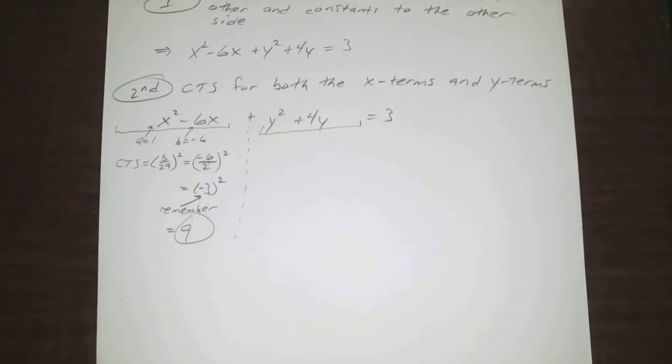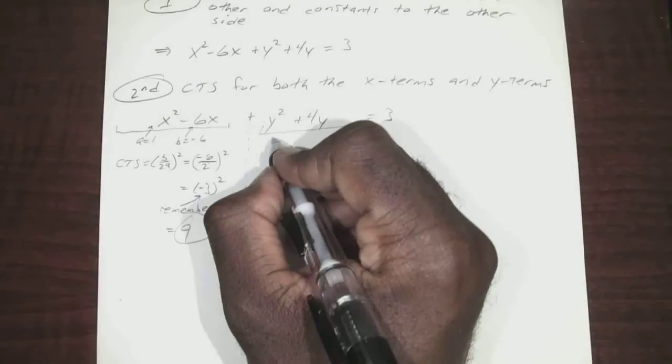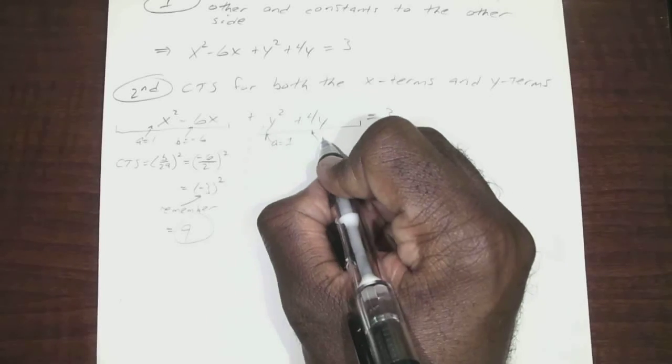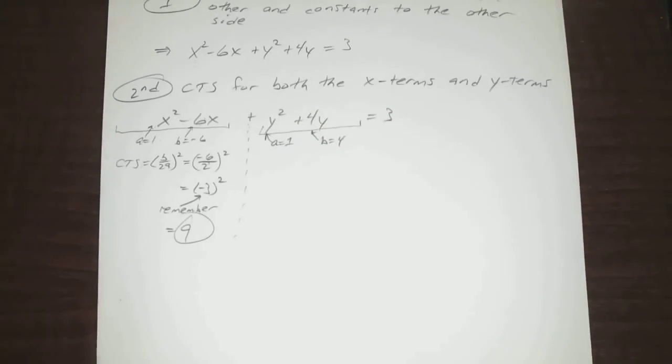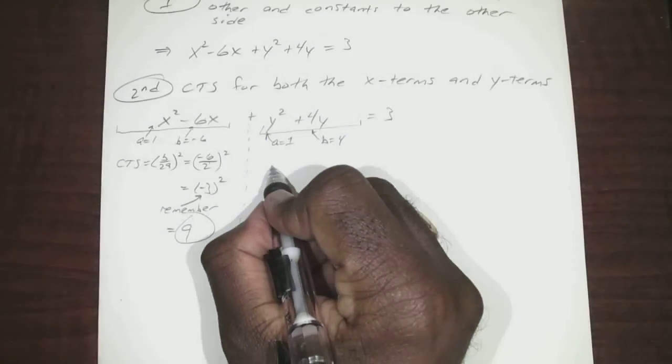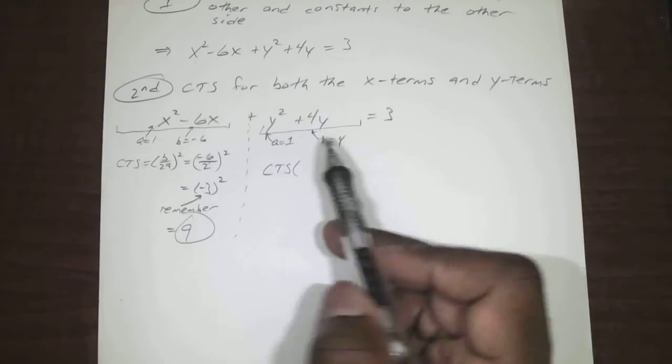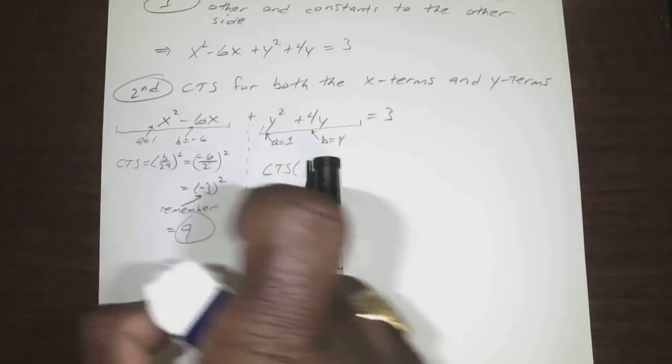Okay. So now we're going to do the same thing to the other side. We're just going to do our completing the square. But on this one, our a is equal to 1, and our b is equal to 4. So that means our completing the square, which is b divided by 2a, so 4 divided by 2 times 1 equals. Why do I keep forgetting my equal sign?